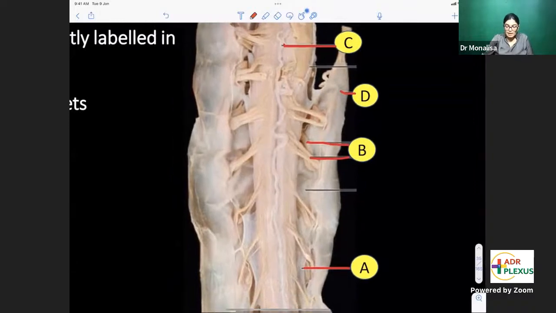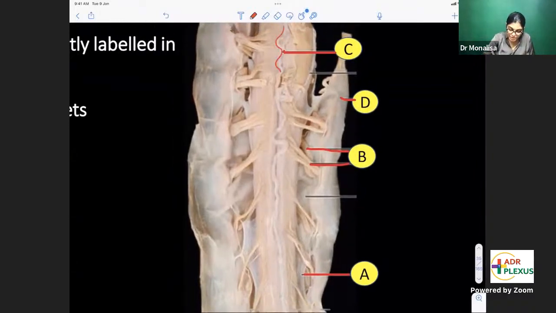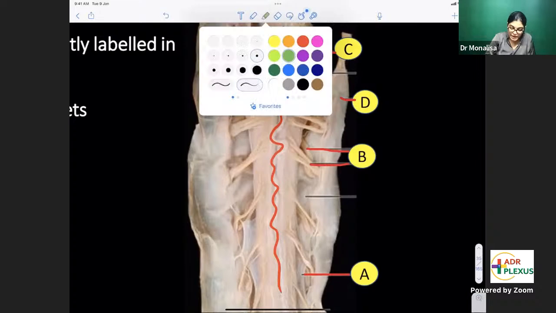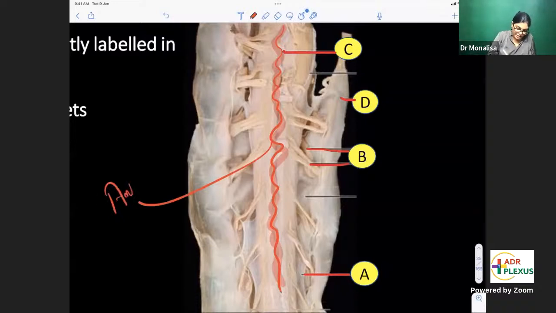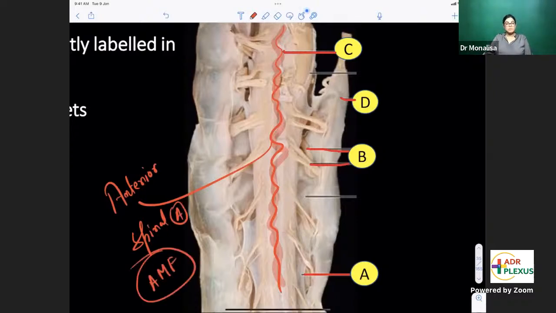When you see this artery running along the entire length of the anterior median fissure, you can clearly appreciate that it can't be posterior. So definitely it will be anterior spinal artery, not posterior spinal artery.